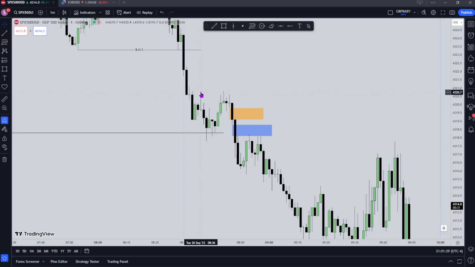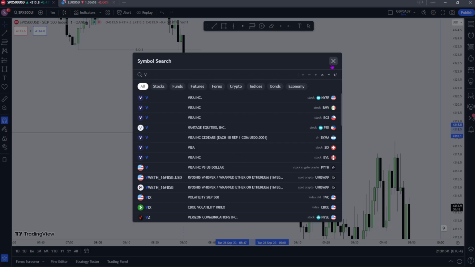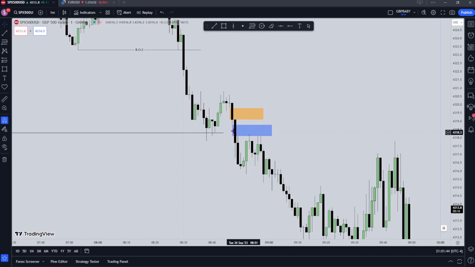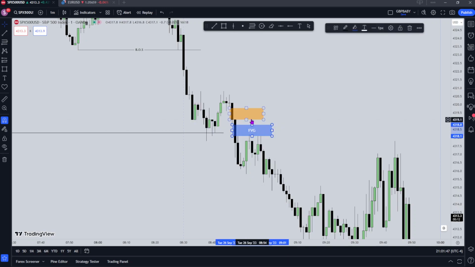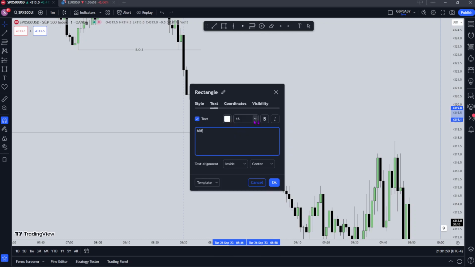And although these levels are equal, you can use this range as a breaker. But I'm not going to do that right now. Let's just type in fair value gap. My bad. Breakaway gap.